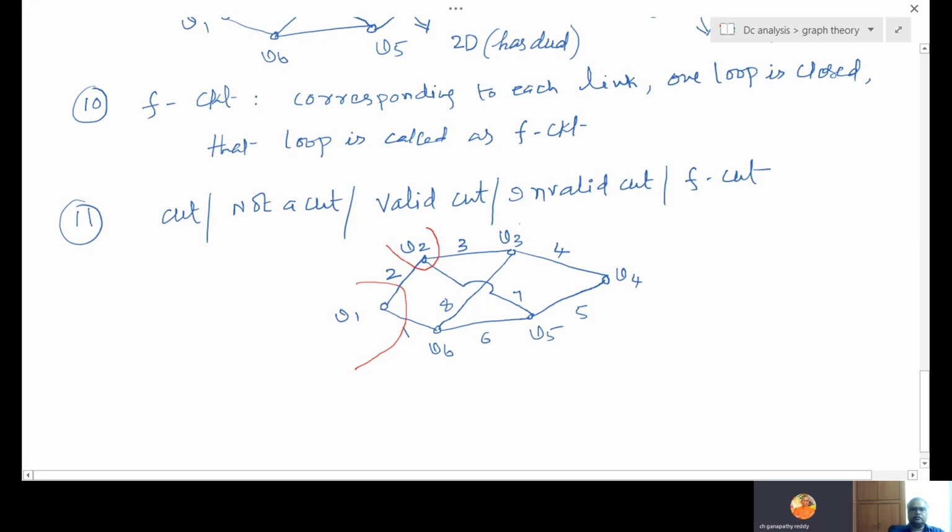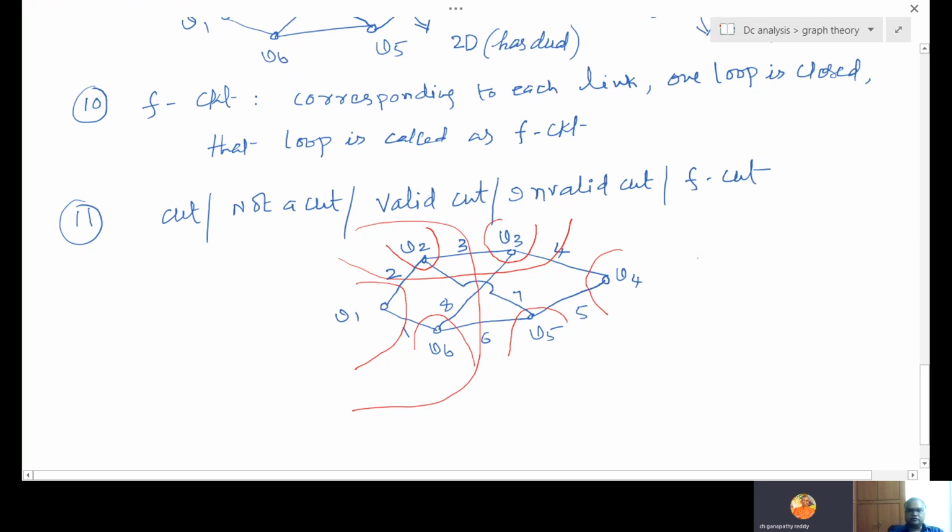Like this we can cut. This is one cut. Even you can also cut like this. So all are valid cuts.